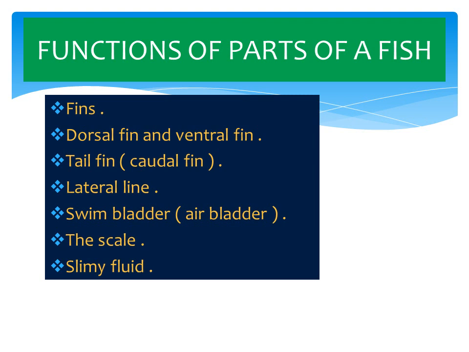The tail fin propels the fish forward and assists in braking and turning. Candidates, number four, we have the lateral line. The lateral line helps to detect pressure and disturbance in water, and therefore identify a source of danger.